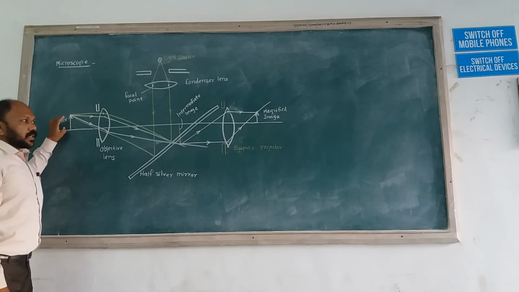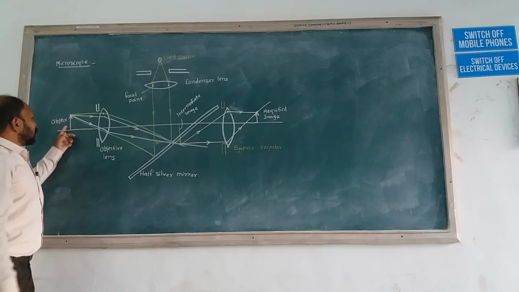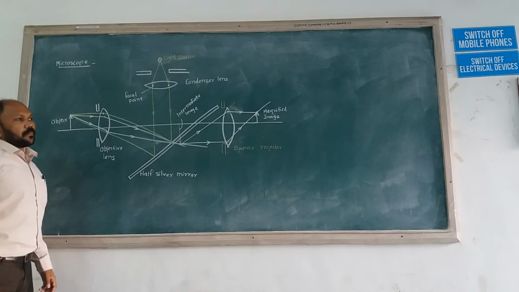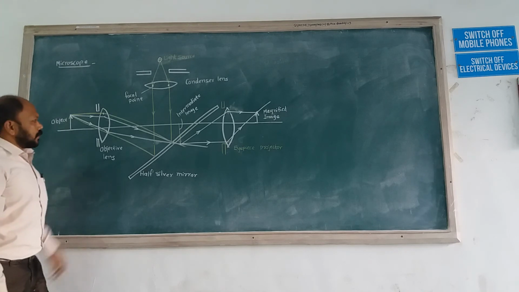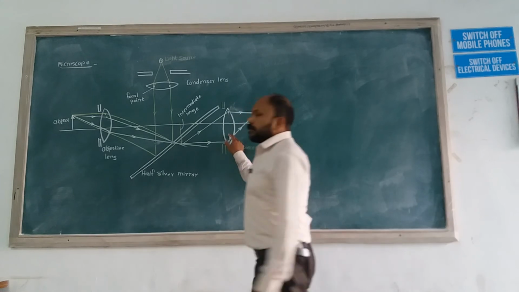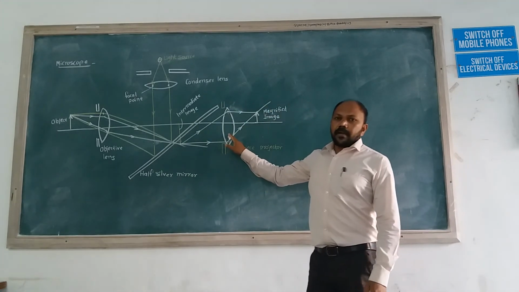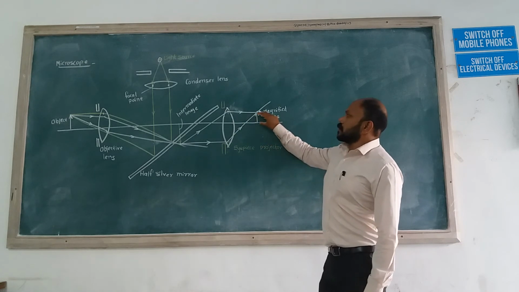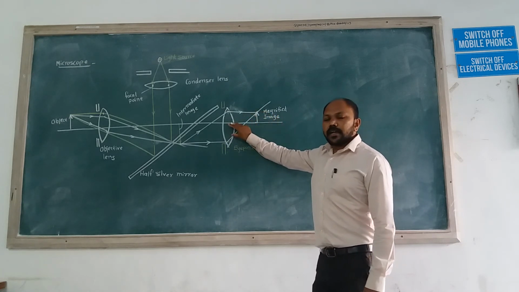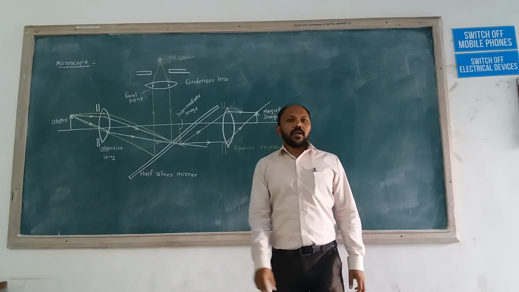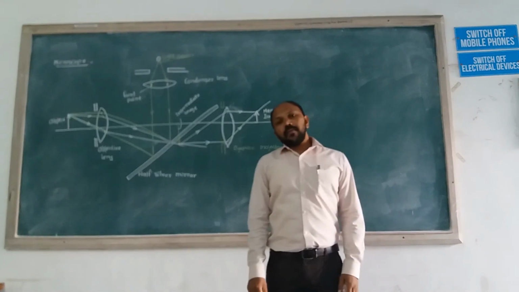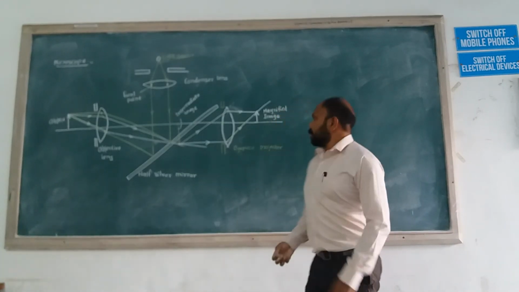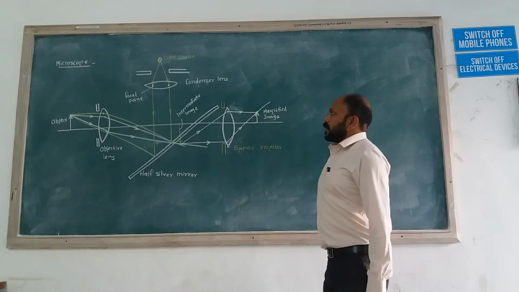We want the zoomed picture or magnified image of this object. Here an eyepiece projector is available, and the output of this eyepiece projector, the magnified image, is connected to the computer where we want to see the magnified image.